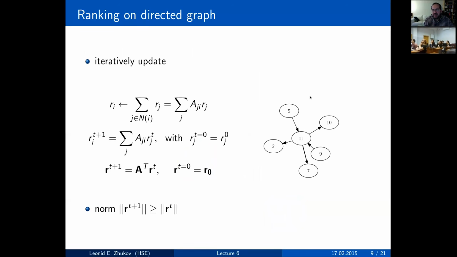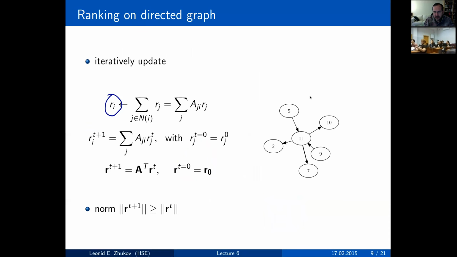so let's follow the ideas we developed last time, and try to build a system that iteratively updates. So the idea is the following. Let's say we have a particular node, say node 11 in this case, and we look at the rank of that node.